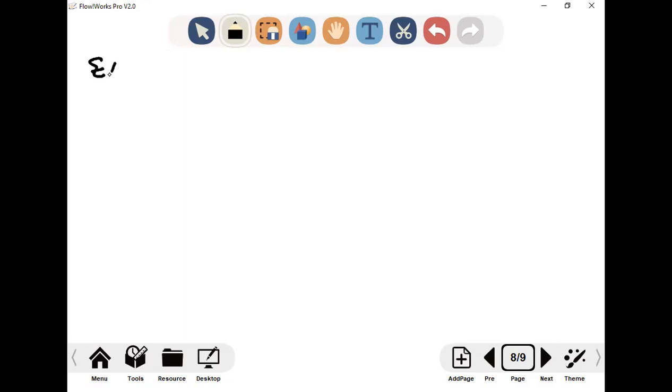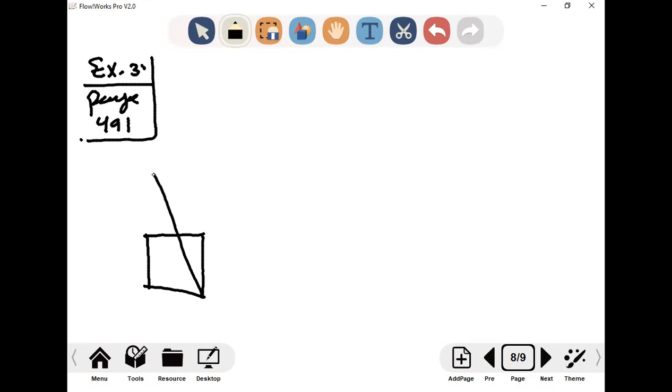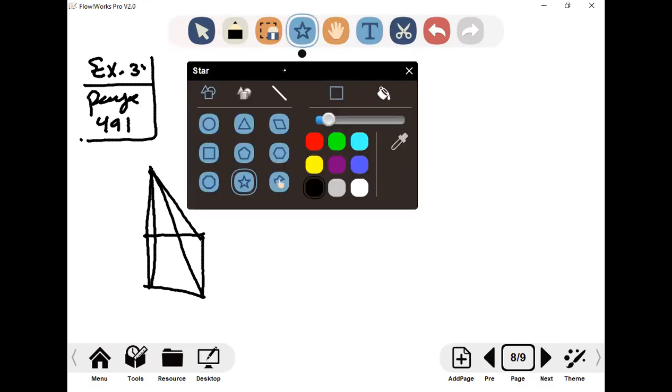So example 3, page 491. We have a square pyramid. Wait, we have one of them here. This is a triangular pyramid, no, a square pyramid, right?